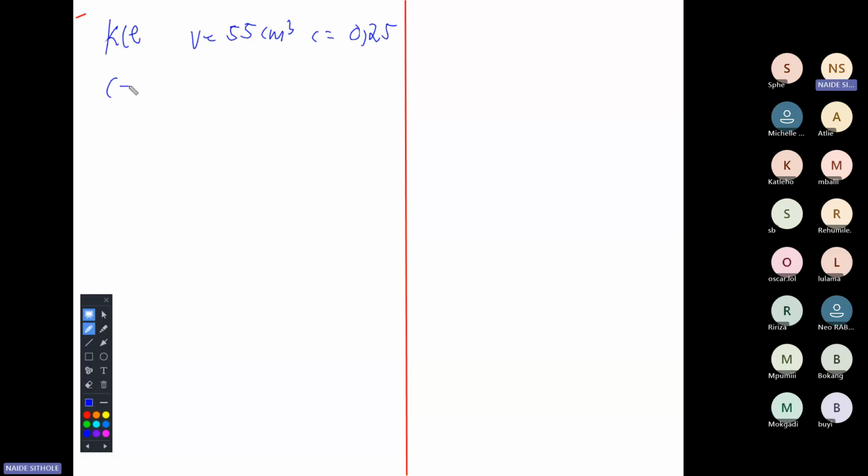So C equals n over V. Concentration 0.25, and volume 55 divided by 1,000, which is 0.055. Cross multiply this, and we have 0.01375.